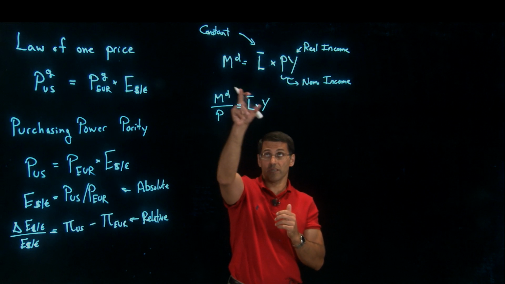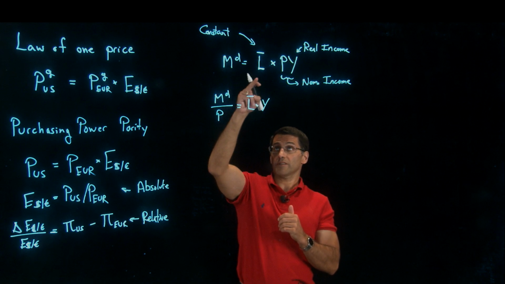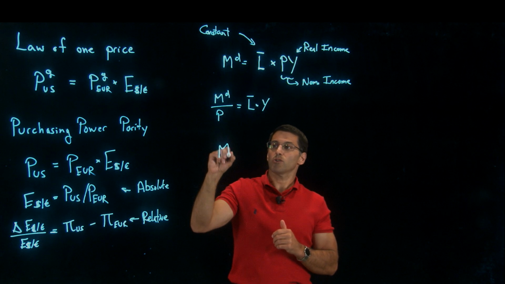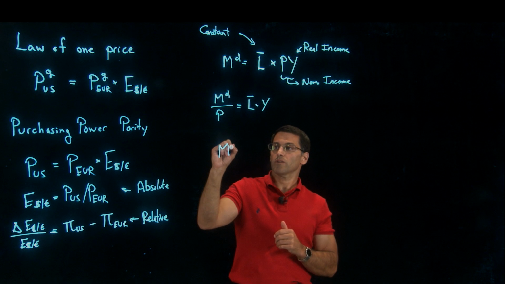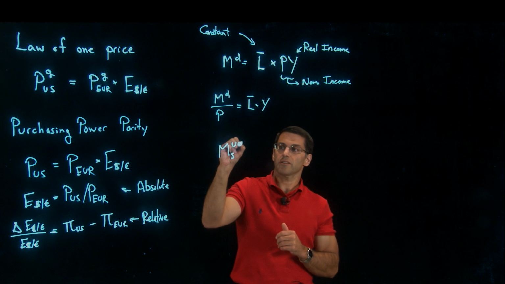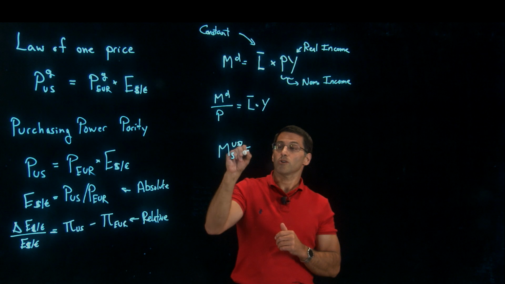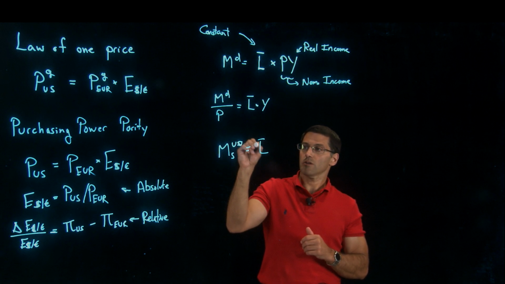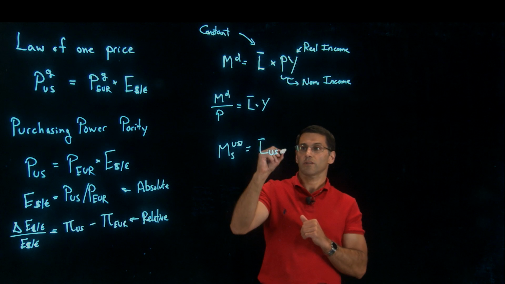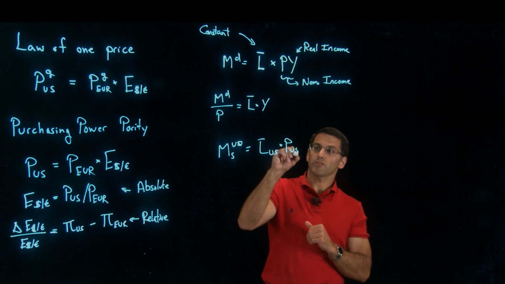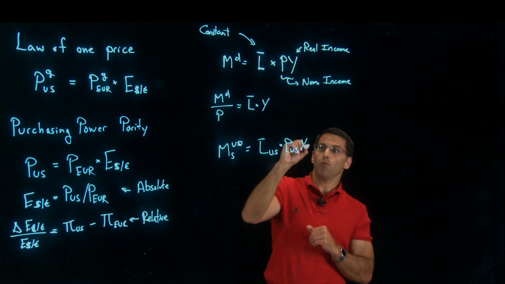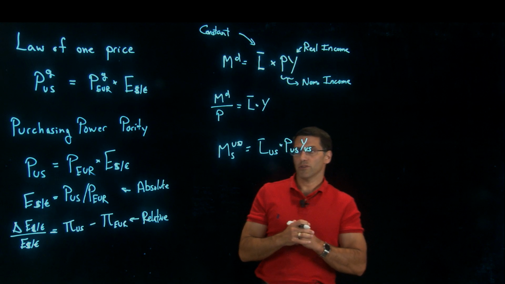So say we have money supply in the US equal to this L bar, whatever value that takes for the US, times the price level in the US times aggregate output in the US.